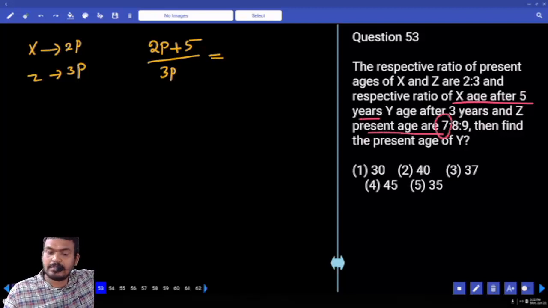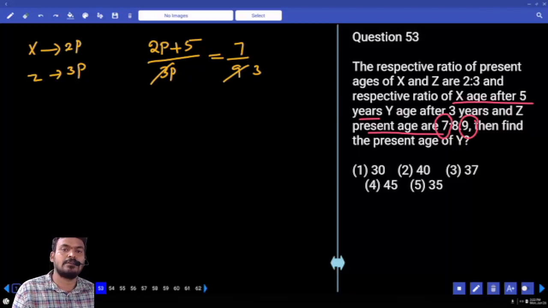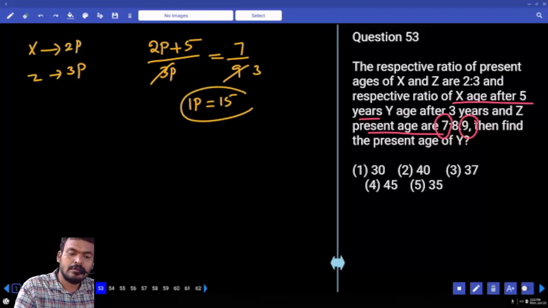X after 5 years how many parts? 7 parts. Z present value 9 parts. These two are in which ratio? 7 by 9 or 3 how many times? 3 times or just cross multiplication. 3 into 6 parts, 3 into 5 is 15 and 7 into 1 part, 7 parts. Difference is 1 part equal to how many years? 15 years or 1 part are 15.